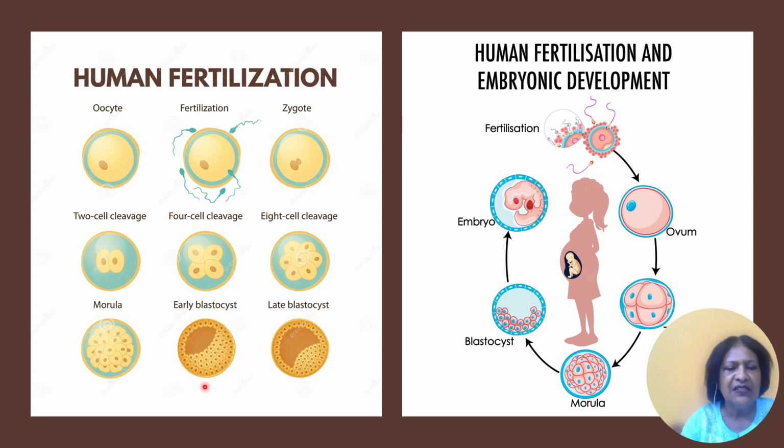Then the outer cells start multiplying faster and the inner cells, being packed with yolk, multiply slower, leading to the formation of a cavity, and this outer wall we call the blastocyst. This is what you see in the diagram, but this blastocyst will indeed grow into an embryo.